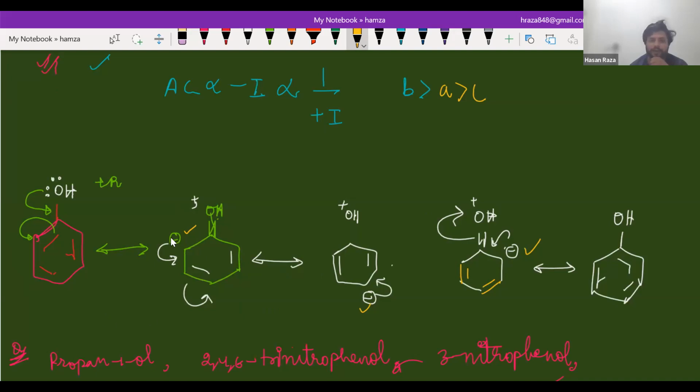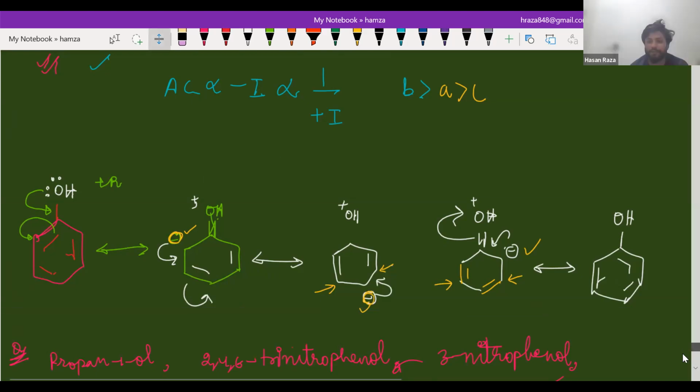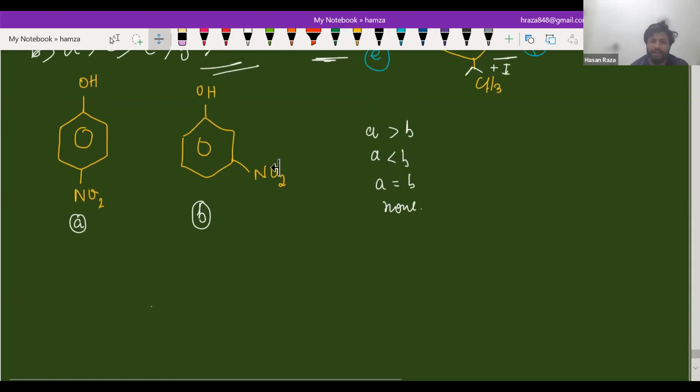The negative charge on ortho, the negative charge on para, the negative charge on again ortho, not on meta. Is there any negative charge on meta? No, sir.